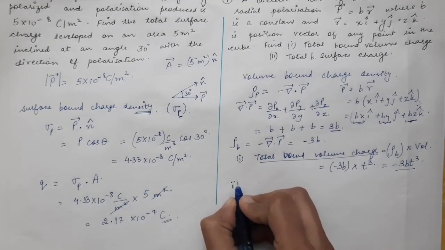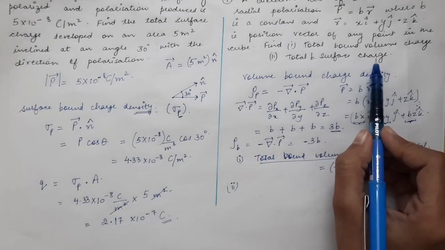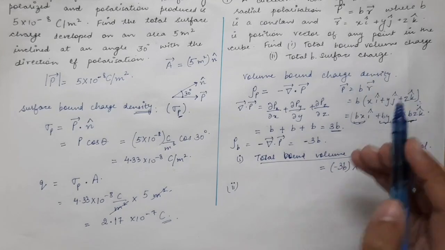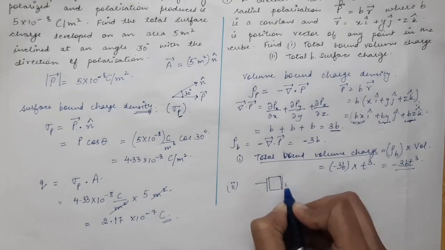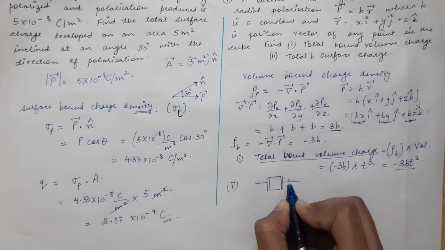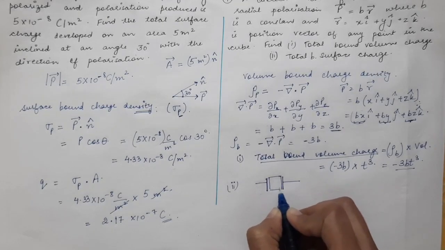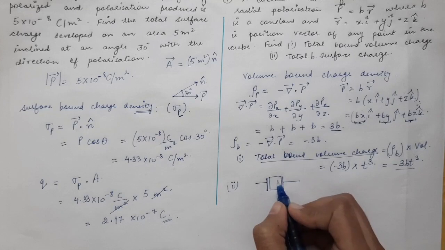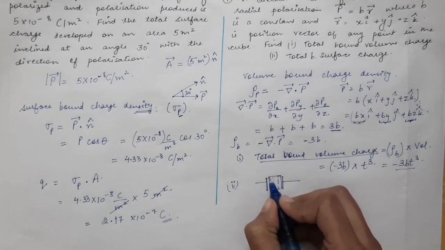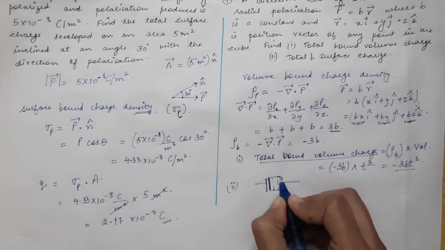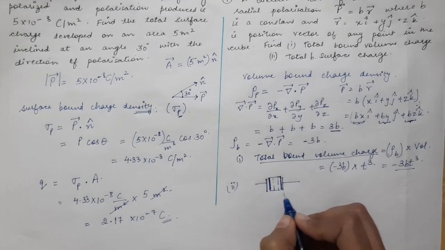Now the second part is the total bound surface charge present on the cube. Over here we will use the property of polarization. For example, in the case of a capacitor, if we have a dielectric placed inside this capacitor, due to the electric field of this capacitor inside this space, the dielectric gets charged. So there will be some charge present in the volume, as well as some charge present on the surface, that we already did in the first lecture of the polarization chapter.